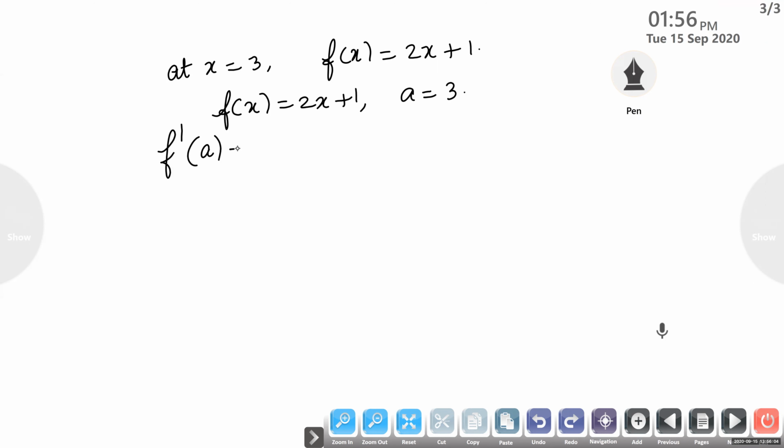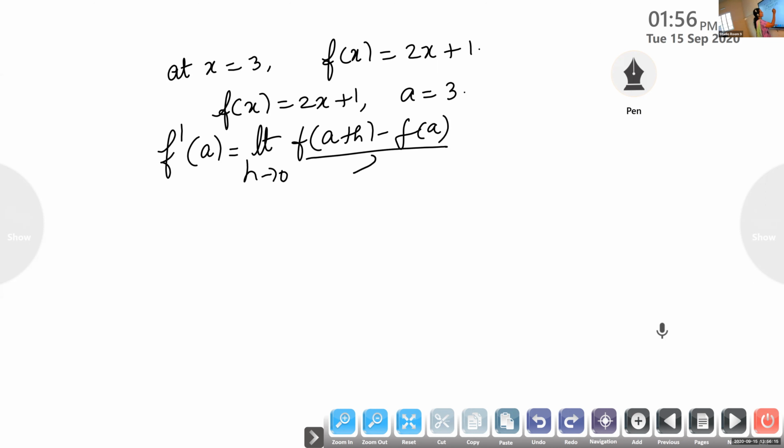Then write the formula. What is the formula? f dash of A is equal to limit h tending to 0, f of A plus h minus f of A by h. Is it okay? Now here A is 3, so it will be f dash of 3.